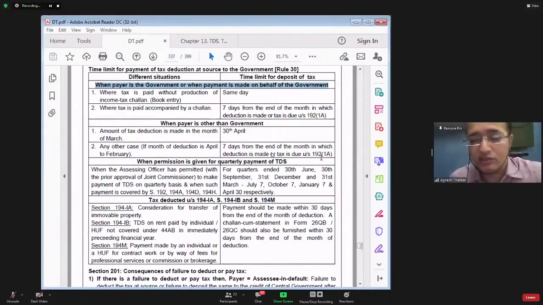Answer is yes. For example, there is a Ministry of Education. Whose job is it to collect the tax? It is the job of the Finance Ministry.